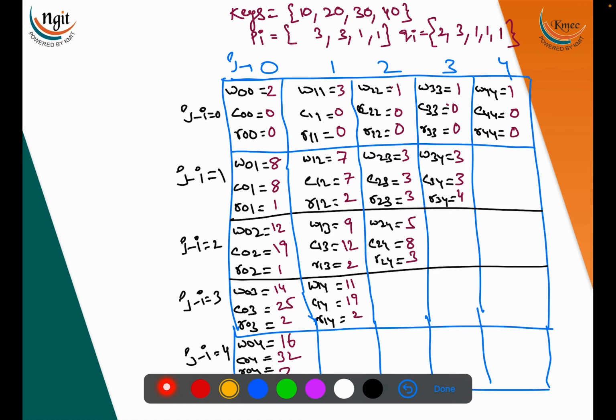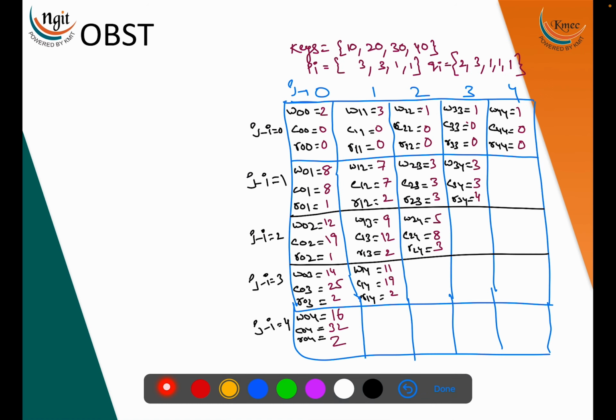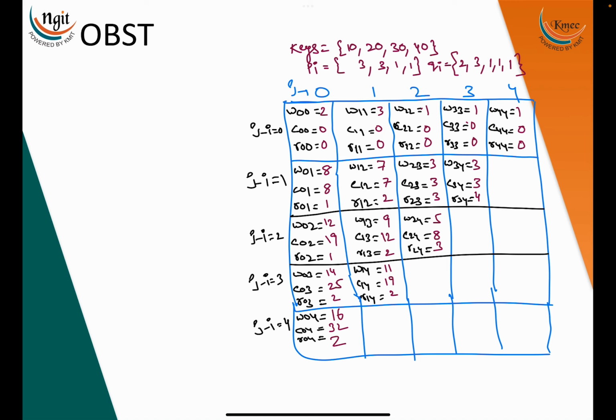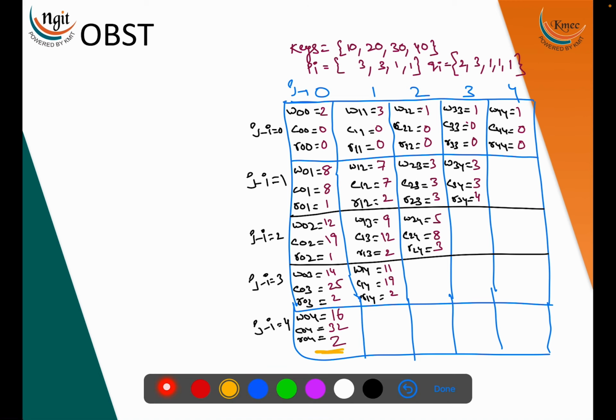So taking these values into consideration, we are going to construct the binary search tree. Now let's see. For these values, which value did you finally get? The final value is 2. Root is 2. That means you should take the root value as 2.